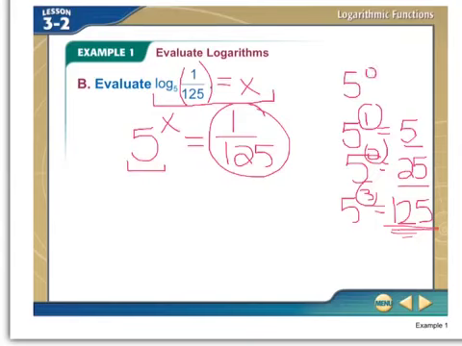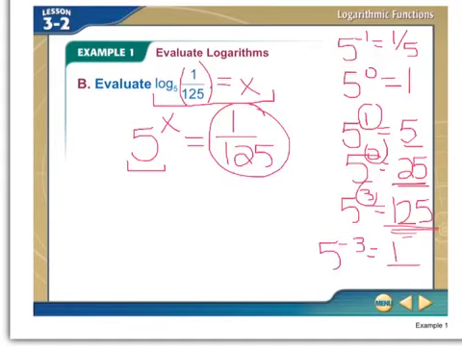So 5 to the 0 power is going to give us 1, because anything raised to the 0 power is 1. 5 to the negative 1 is 1/5. 5 to the negative 2 would be 1 over 25. And 5 to the negative 3 is going to be 1 over 5 cubed, or 1 over 125.